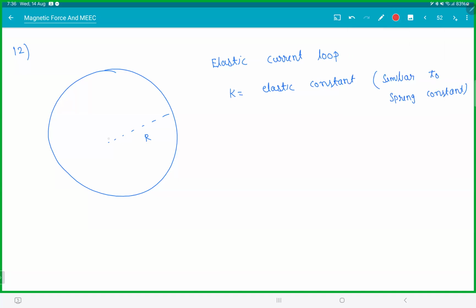The magnetic field in the region is B outside. Now you suddenly started sending current I. This is the top view. M is the mass of the ring. R is the initial radius. The first question is find the new radius when current passes through it.